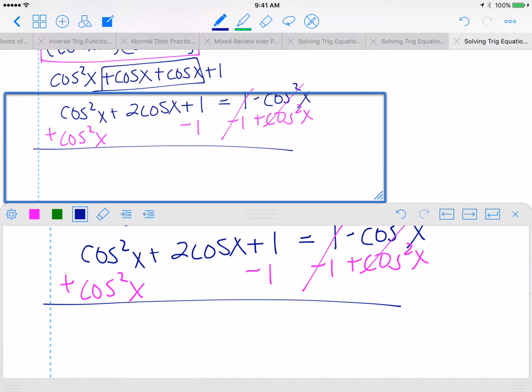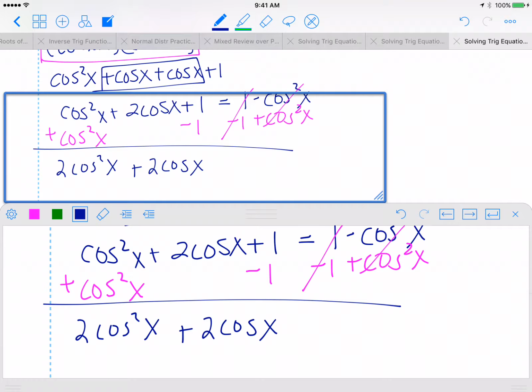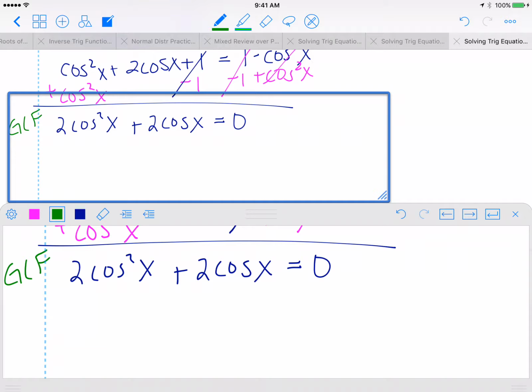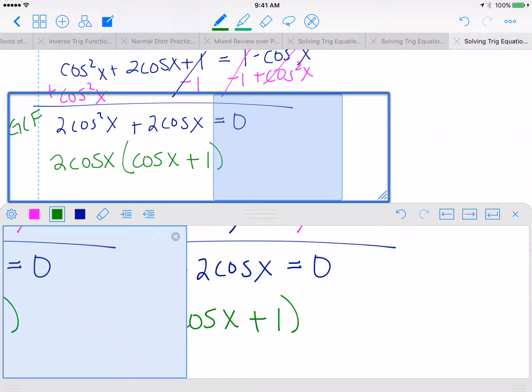So we have 2 cosine squared x plus 2 cosine x equals 0. So now what are your thoughts here? Do you see something that maybe we could do, like a GCF? If we take a GCF out, we could take out 2 cosine x, which would leave us with cosine x plus 1 equals 0.